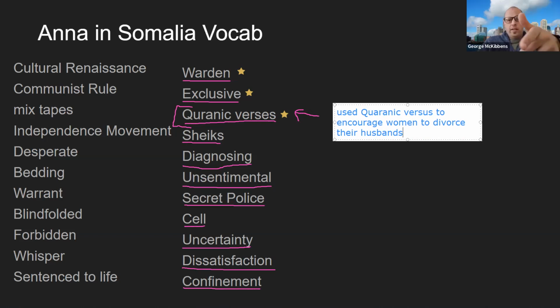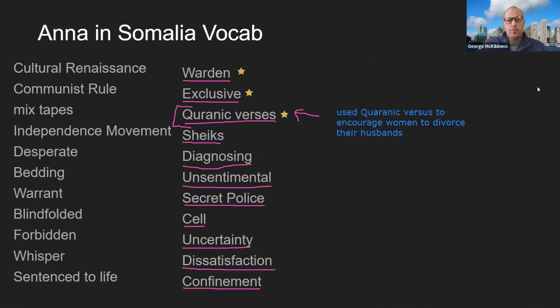Fatima, you want to explain in context what the government was doing, kind of twisting the religion around for their benefit? Yeah, they use Quranic verses to force women to divorce. Yeah, I want to explain it in English. You use something against, right, teacher?